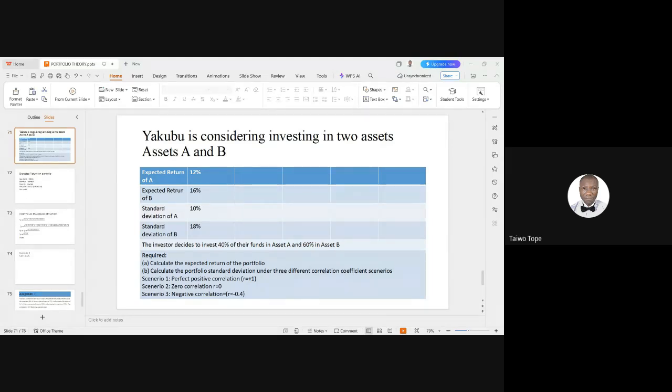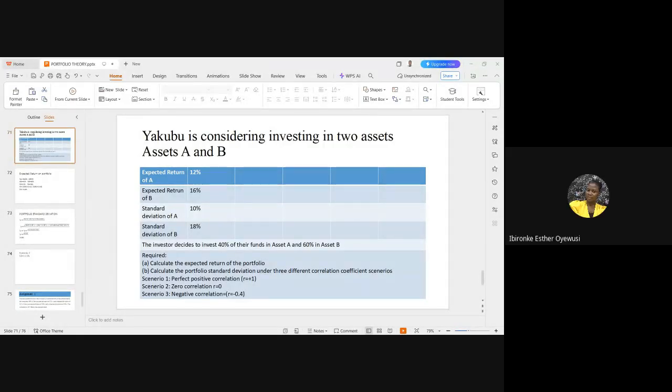Computed return is the return that you derive using CAPM. What is CAPM? CAPM is the capital asset pricing model. While we were treating cost of capital, we talked about CAPM. What is our formula for CAPM?